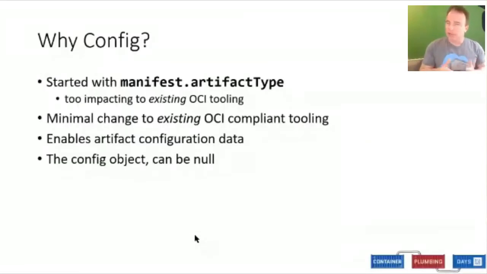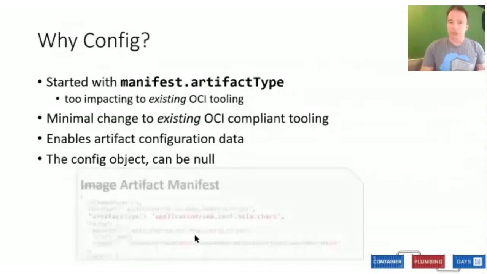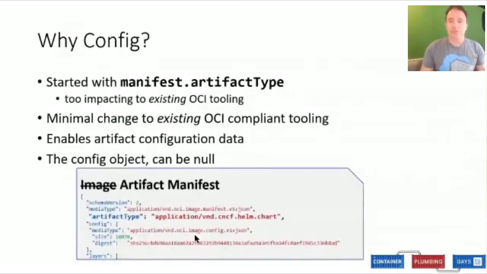It's kind of weird. It's kind of stuffed in it. Well, we tried adding a new artifact type property to the image manifest. We wanted to try to say, no, this is now an artifact manifest, and images are just one of the many things that use this. And this turned out to be more problematic. You could argue we didn't have good versioning in a lot of the client tooling for images.